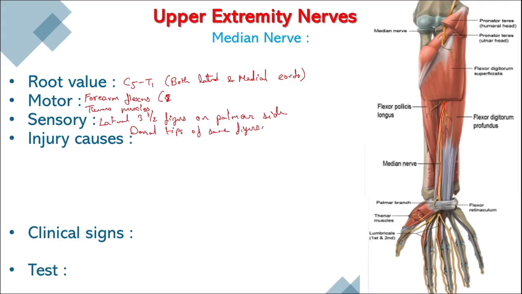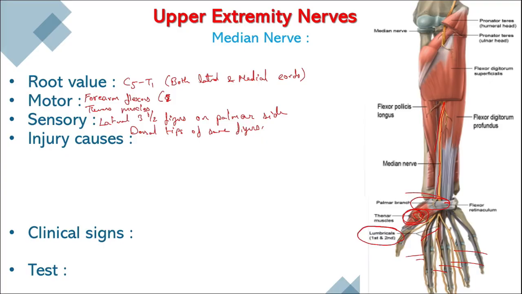You can see the sensation. The median nerve is innervating here, so this is the innervation of the median nerve. Here are the lumbricals and thenar muscles, and some of the palm also gets the innervation.